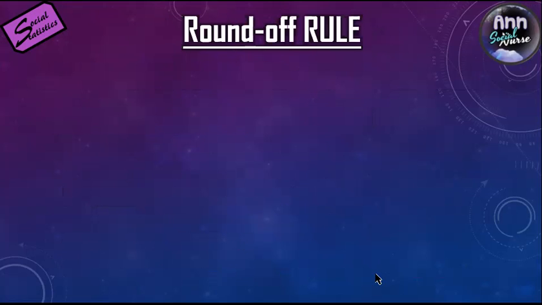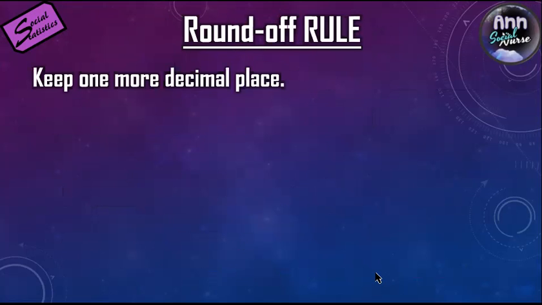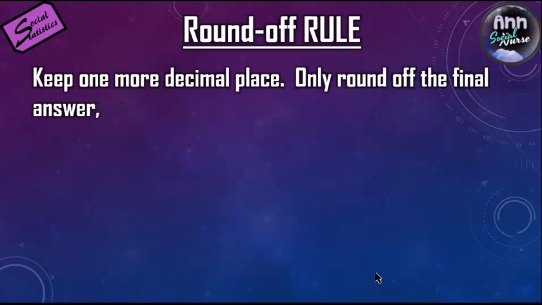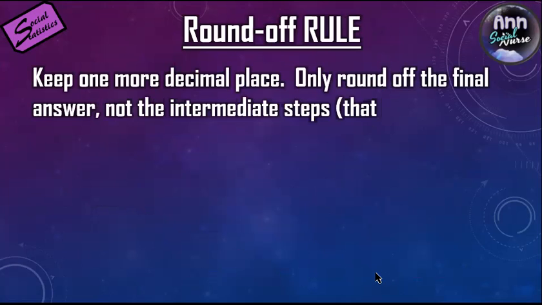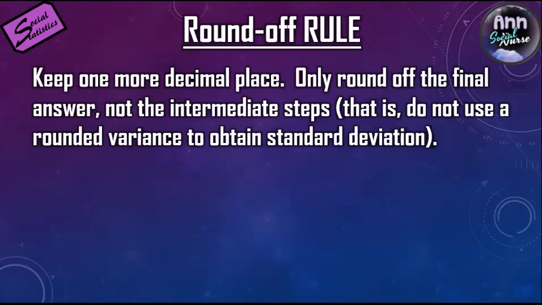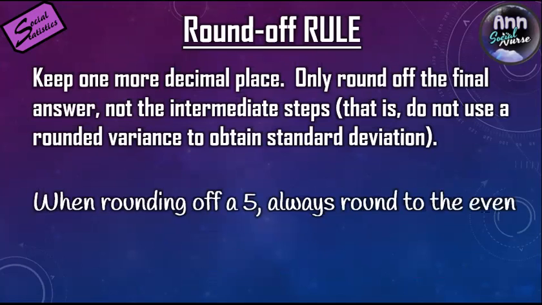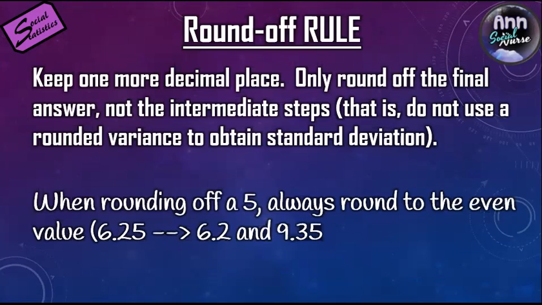2.1. Now, we have this round off rule. Keep one more decimal place. Only round off the final answer, not the intermediate steps. That is, do not use a rounded variance to obtain the standard deviation. When rounding off a 5, always round to the even value.